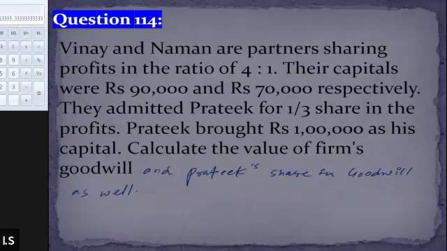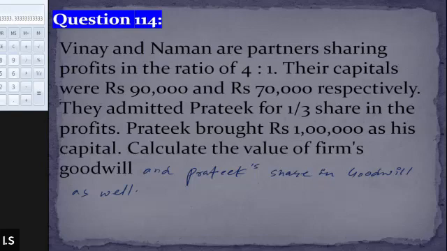Sir, can you solve it, please? Okay. All right, everyone. Those of you who are not able to solve it, let me show you the correct solution. But before that, I just wanted to know whether Alexander got the correct answer. Alexander, could you please tell me the answer you got?